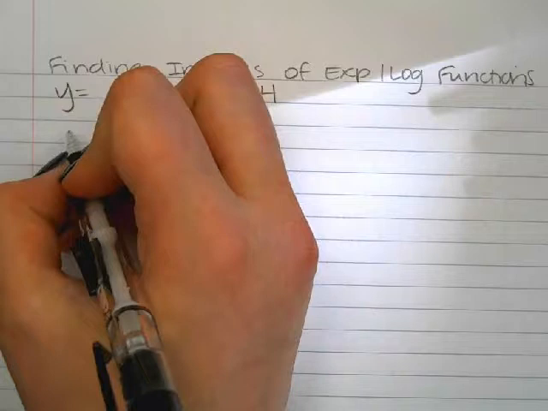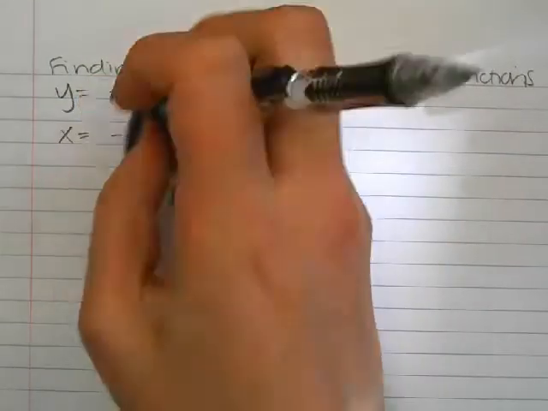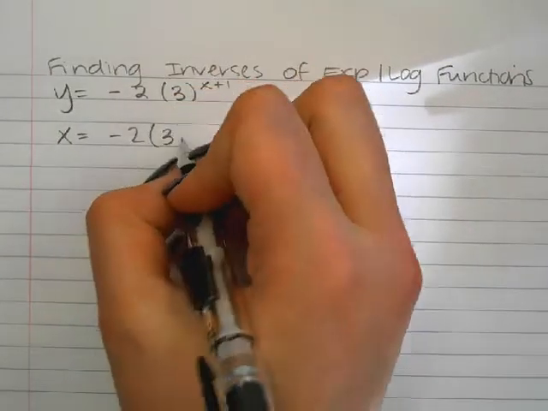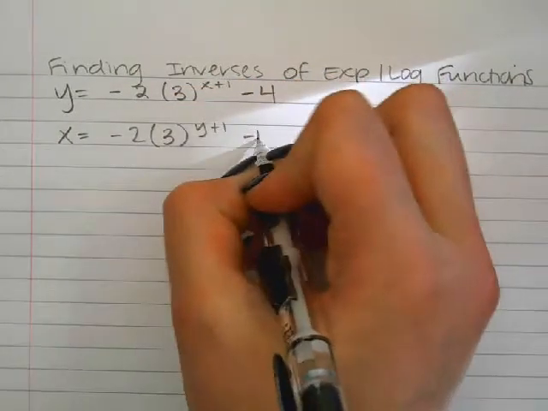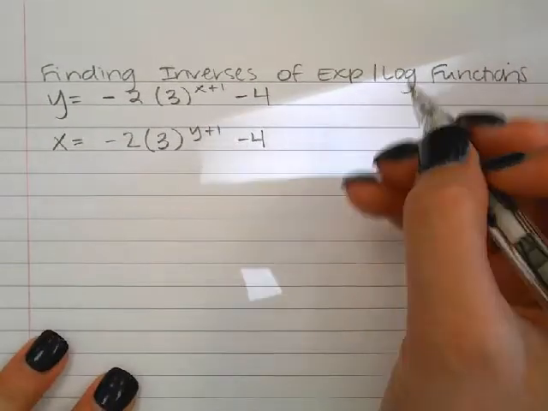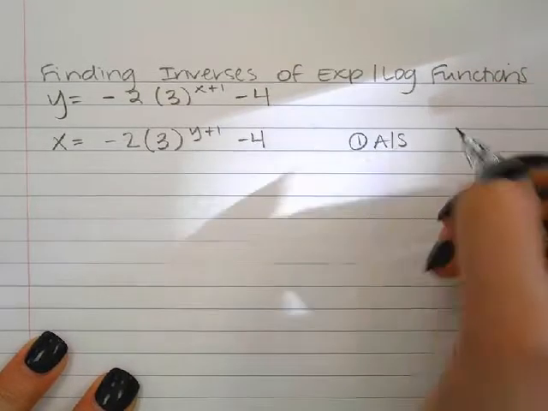So that's what I'm going to do first. I'm going to say x equals -2 times 3 to the y plus 1 minus 4. And then I'm going to start moving stuff to the other side. First, I'm going to look for things that I could add or subtract to the other side.